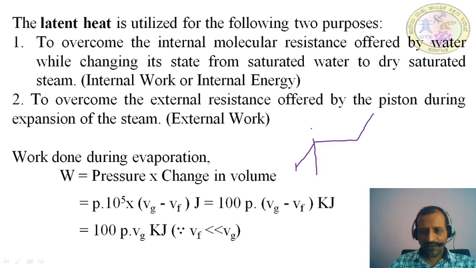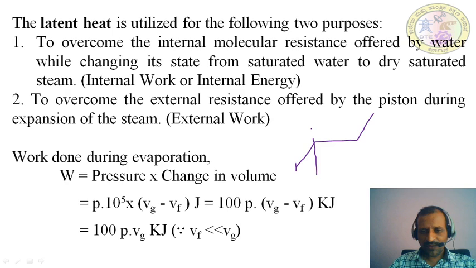When it reaches point B, it is at saturation temperature, 100 degrees Celsius, the boiling point. Up to this boiling point the heat you supply is absorbed by the water. Then from this point to this point, the conversion of wet steam to dry steam takes place.